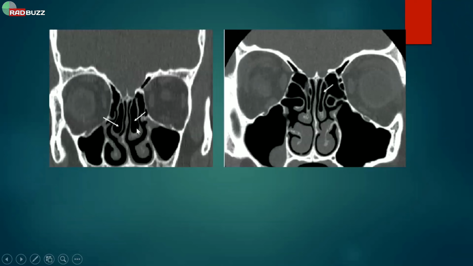This is called concha bullosa. It has its importance because when the ENT surgeons want to operate, if they don't know there's a concha bullosa, they will go in and create a fistula between these areas. So there will be continuous draining and dribbling all the way from here into this area. So this is important to tell whether this is pneumatized or not.